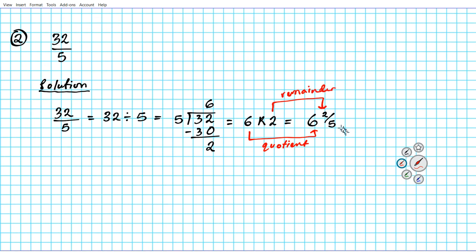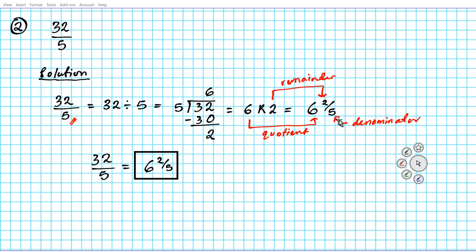And then this number is your denominator from your original improper fraction. So denominator 5 is the same as this one right here, okay? All right, so our answer, 32 over 5, is 6 whole number 2 over 5. That's the mixed number format of 32 over 5.